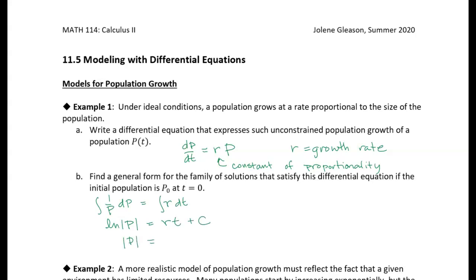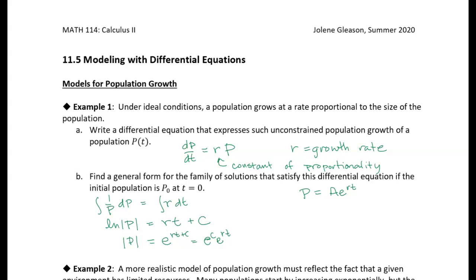So P is equal to e^(rt+C), which we can rewrite as e^C times e^(rt). Okay, and then I'm going to replace the e^C here as it's just a constant. So I'm going to write P is equal to A e^(rt).